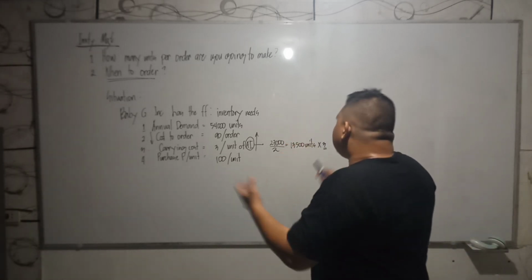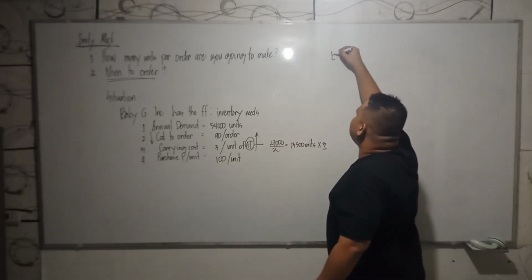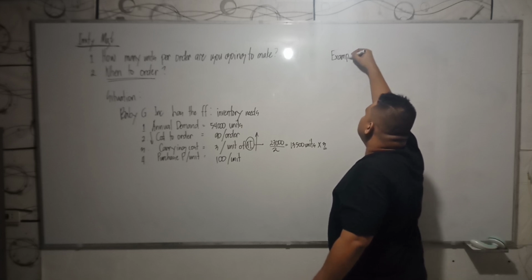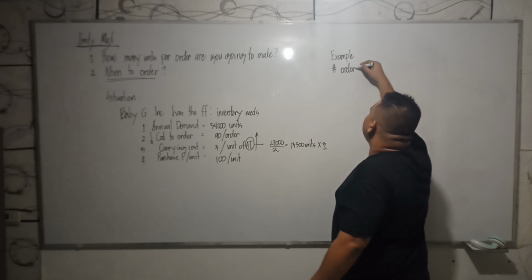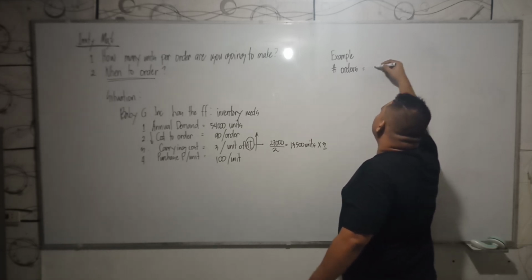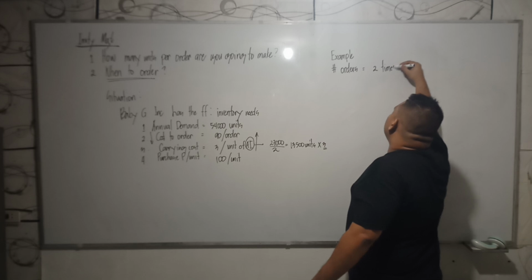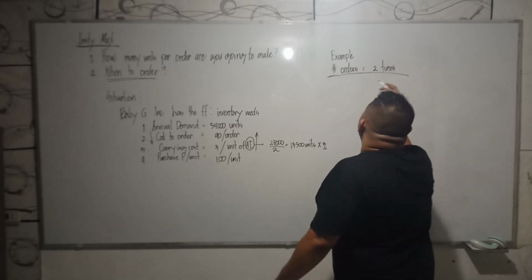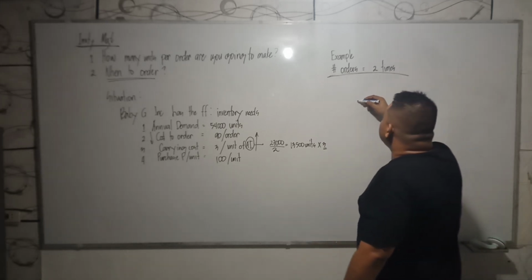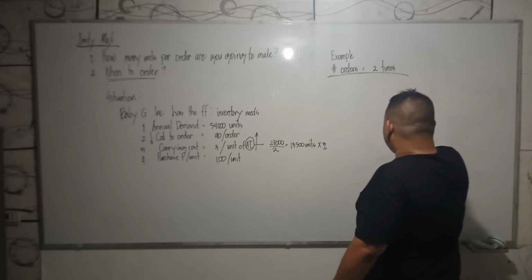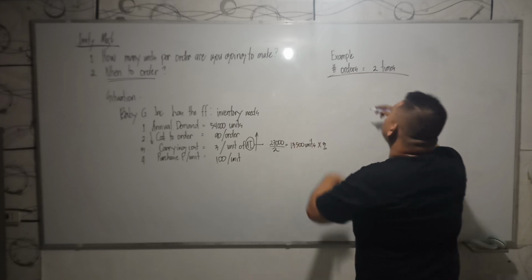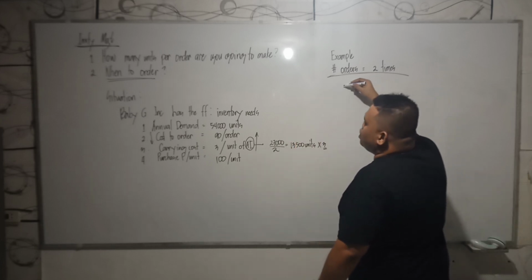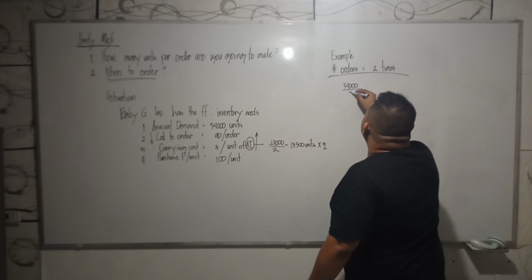So, let's have example number 1 that I mentioned. The number of orders that you have decided without any techniques is 2 times. So what will happen? If that's 2 times, then the number of units per order that you are going to make is 54,000 divided by 2 orders.